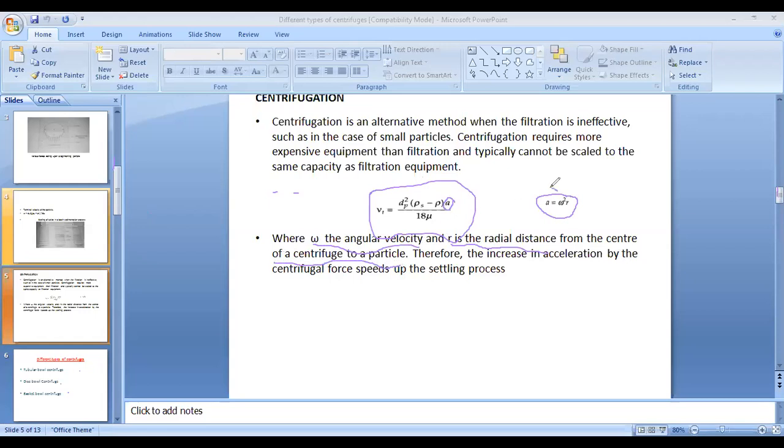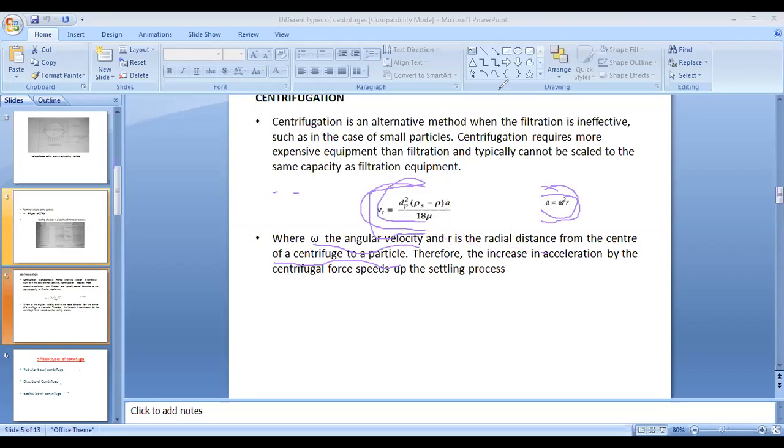Because of this, centrifugal force occurs. So this is the equation for terminal velocity in centrifugation, and because of this the particle will be settled.